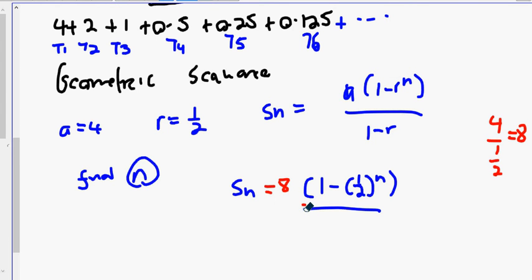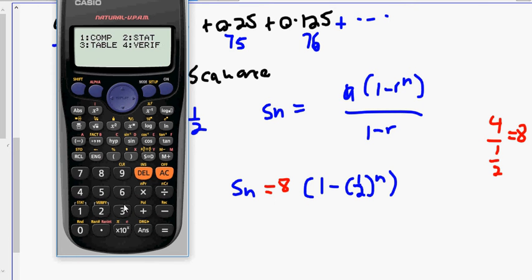Okay, now what we're going to do next is going to check this out using the table function. So our usual trick, 8 bracket 1 minus a half to the power of X, and then close bracket.